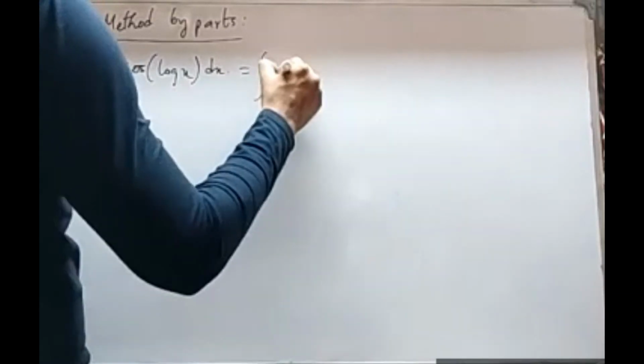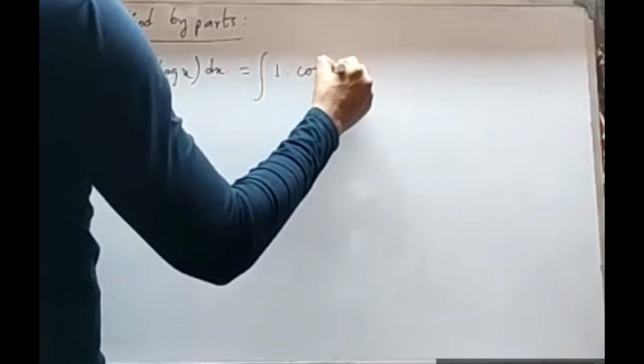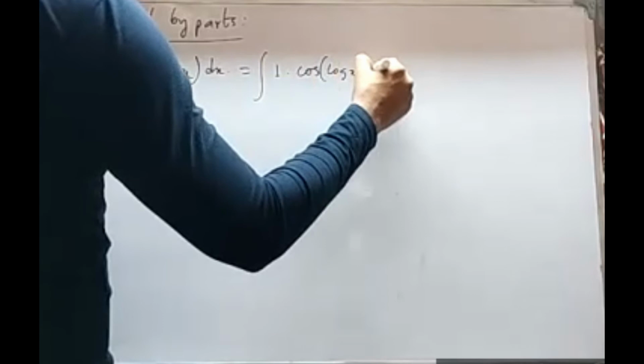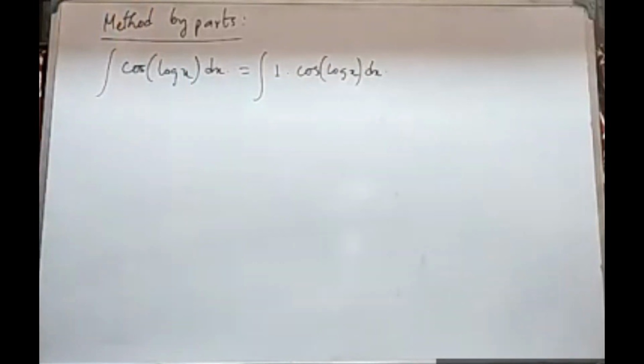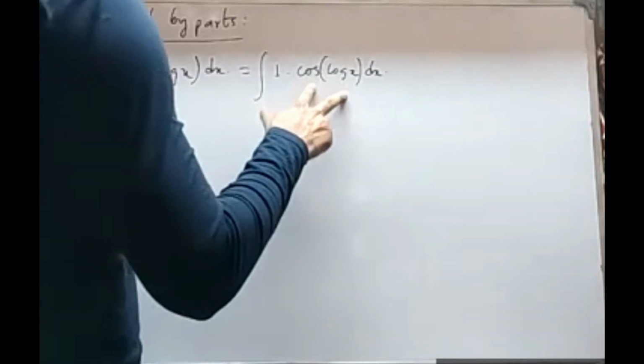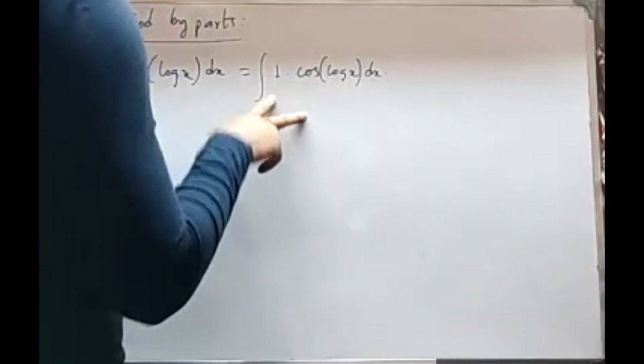So we need to take it like integration 1 into cos log x. So which one we need to integrate, which one we need to differentiate? So here we need to differentiate this, integrate this.